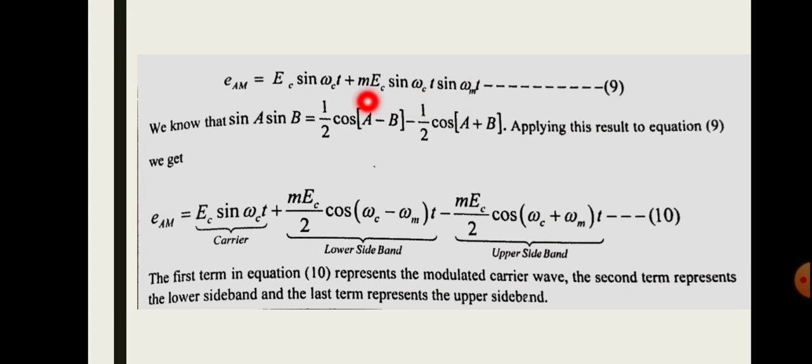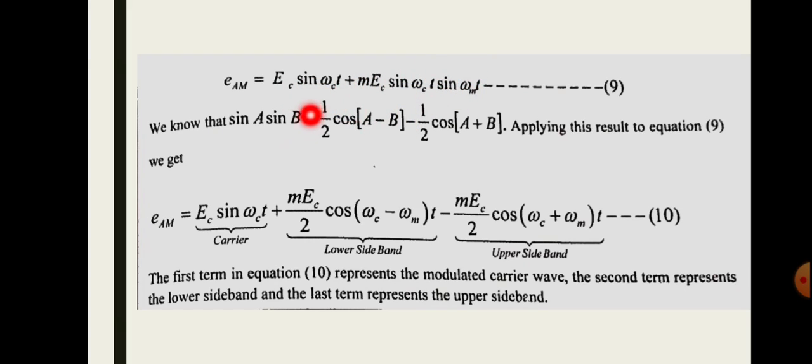Here you know that this is in the form of sin A sin B. There is a mathematical relation, that is sin A sin B can be converted into 1 by 2 cos(A minus B) minus 1 by 2 cos(A plus B). So we can substitute for this sin A sin B by using this relationship. So instead of sin A sin B, we will get a cos term.